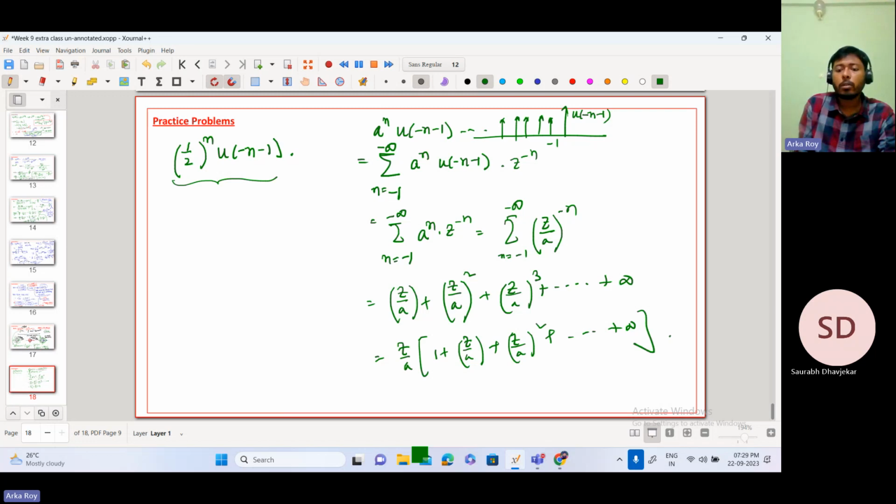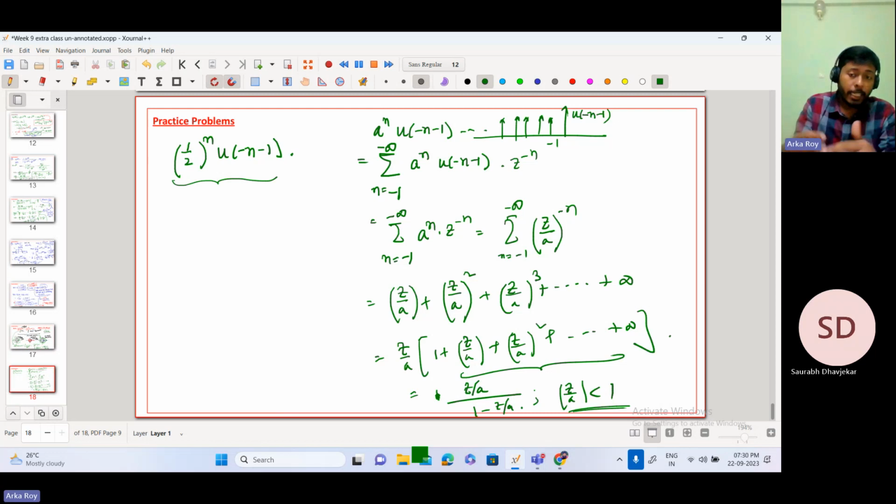That means this is an infinite GP series, and an infinite GP series has this particular form, that is z upon a divided by 1 minus the common ratio, that is z upon a, given the fact that mod of z upon a should be less than 1.